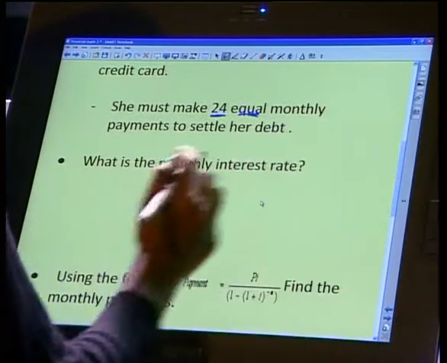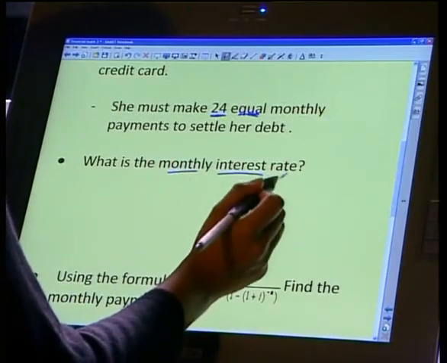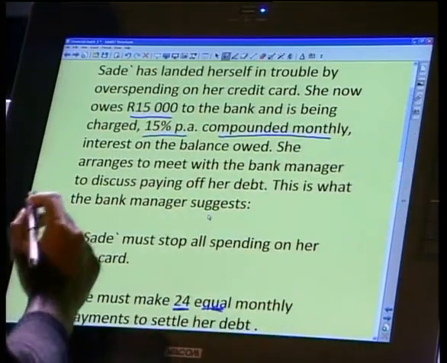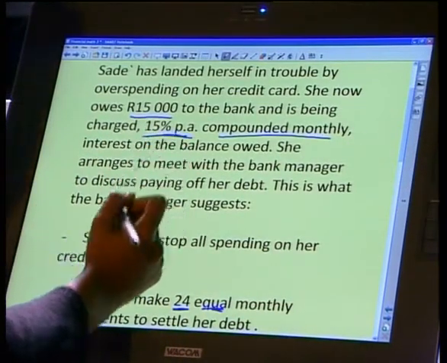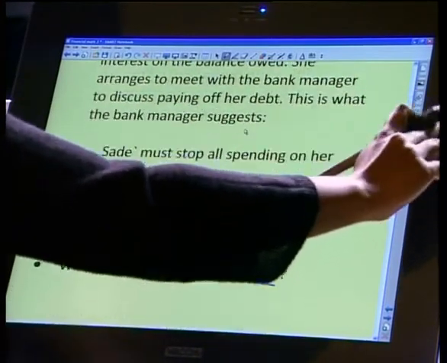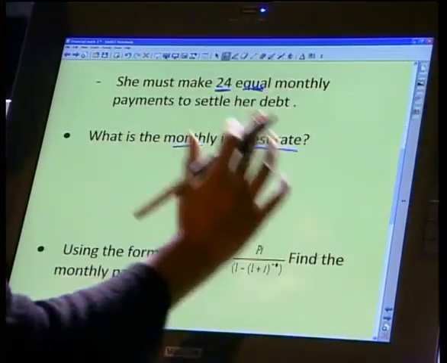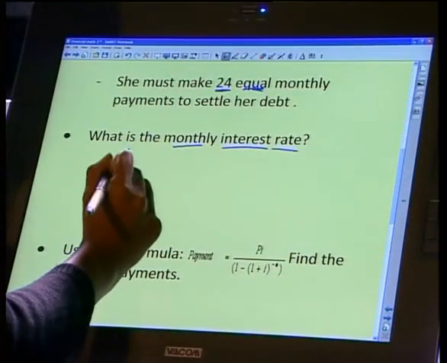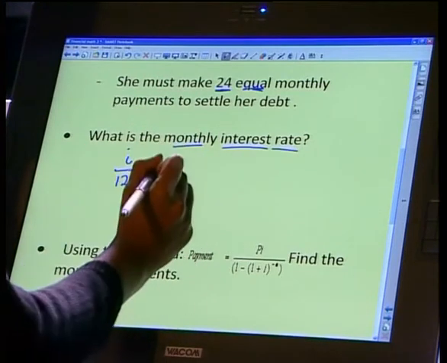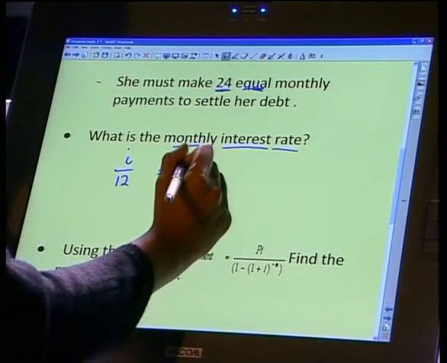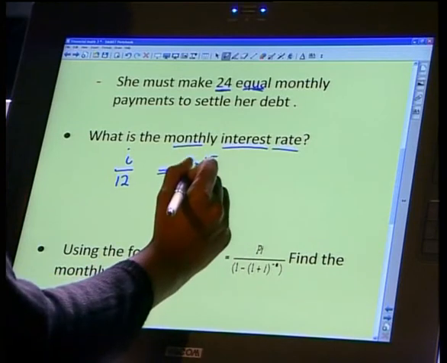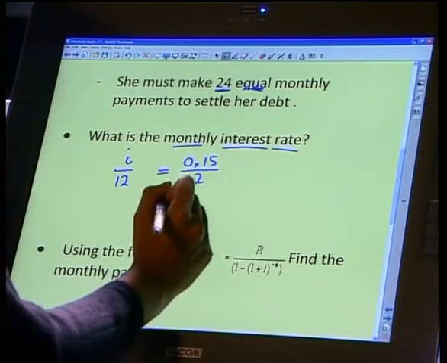The first question wants to know, what is the monthly interest rate? So let's go back to the question. They tell us that she's been charged 15% per annum compounded monthly. So remember, if we would like to work out what the effective monthly rate is, we need to take the interest rate that's given and divide by the number of compounding periods. So the monthly interest rate will be the 15%, which is 0.15, divided by the number of compoundings, which is 12.